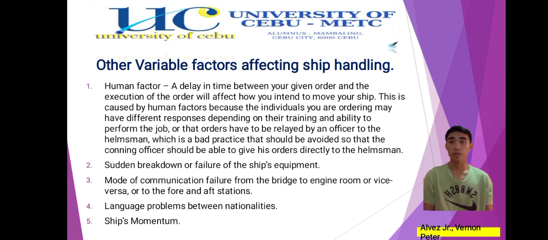This is caused by human factors because the individuals you are ordering may have different responses depending on their training and ability to perform the job. Or the orders have to be relayed by an officer to the helmsman, which is a bad practice that should be avoided, so that a commanding officer should give his orders directly to the helmsman.